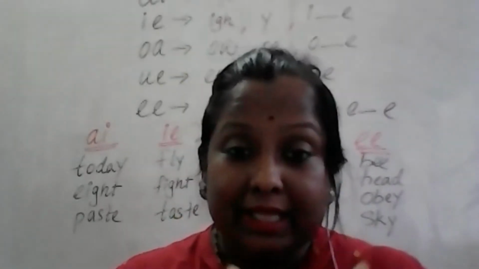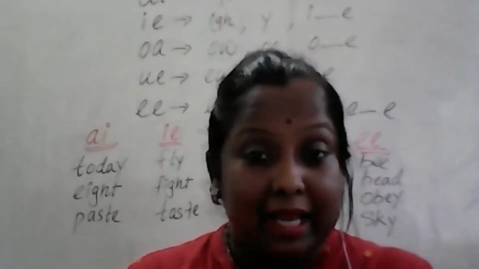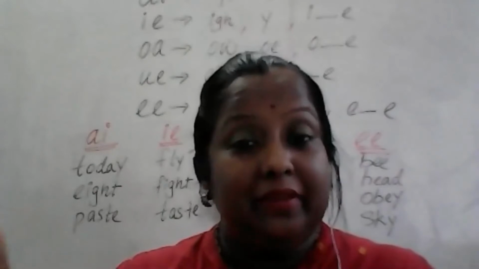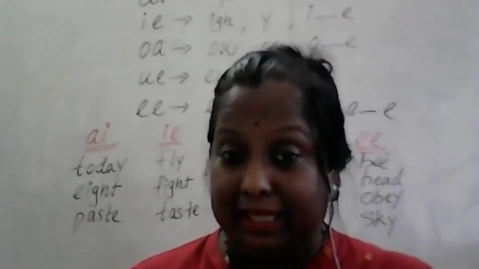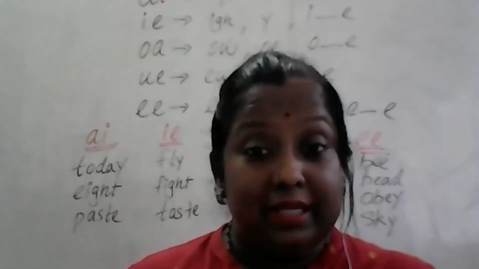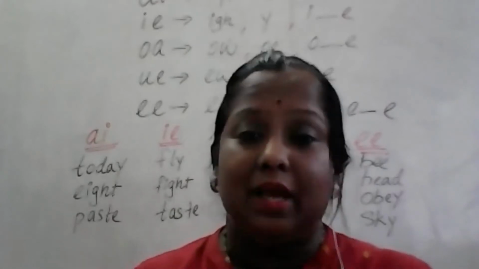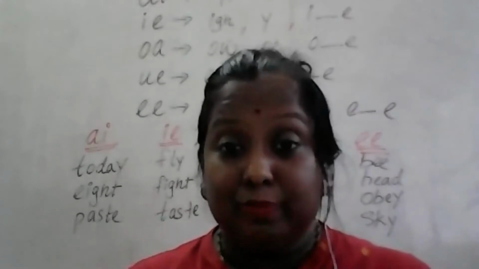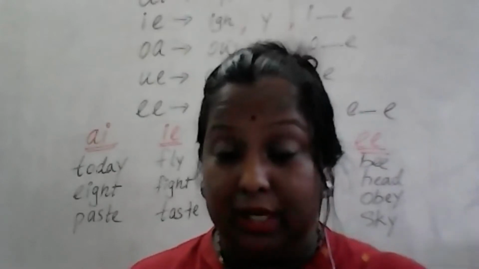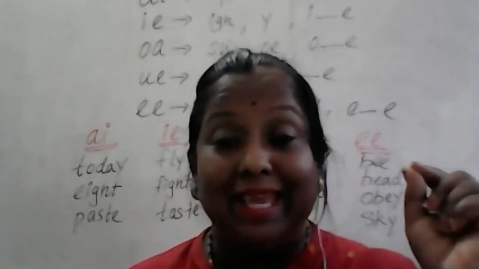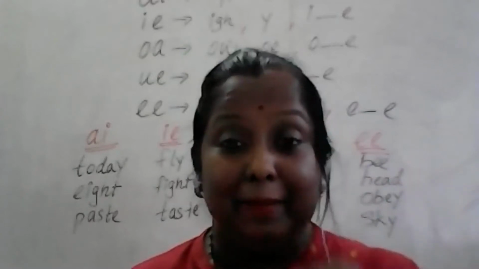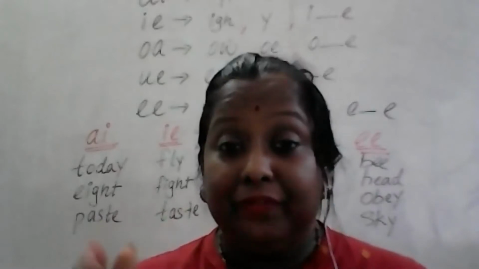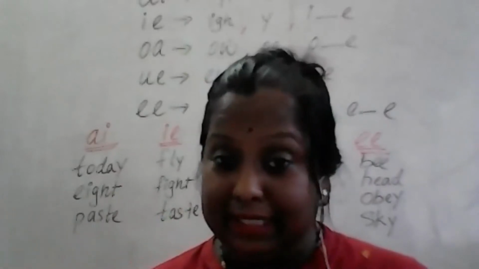Other than A and I, there are different alternative spellings that make the same sound as A and I. Alternative spellings for the long vowel means the same sound but different spellings.